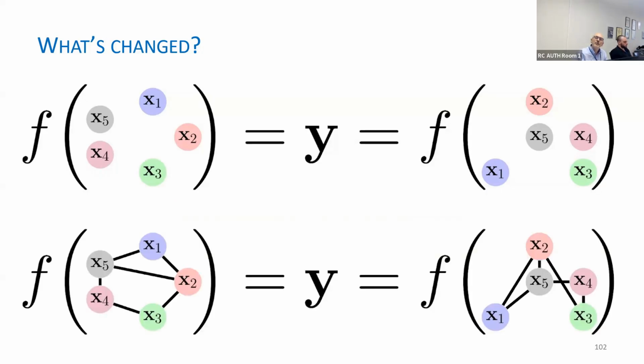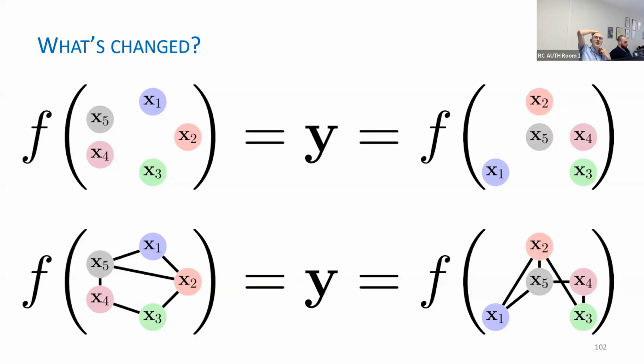For the case of graphs, we would like to achieve something similar. In this case, you see on the lower part of the slide on the left, we have a graph, so we also have these connections between points, and again we apply a function, and we would like that even if we keep the topology, which means that we keep the connections, the result is the same.